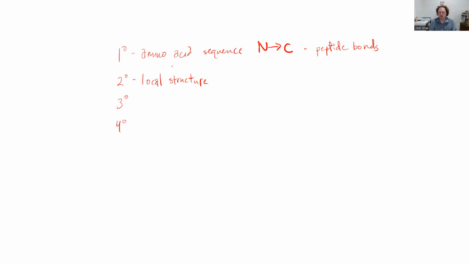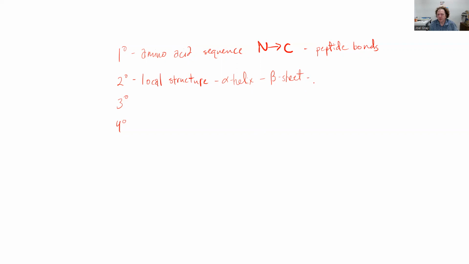It's a developing structure, a developing molecule. These local structures, the most common local structures, are your alpha helices and beta sheets. So how these polypeptides kind of arrange themselves in 3 dimensions, or in basically 2 dimensions.